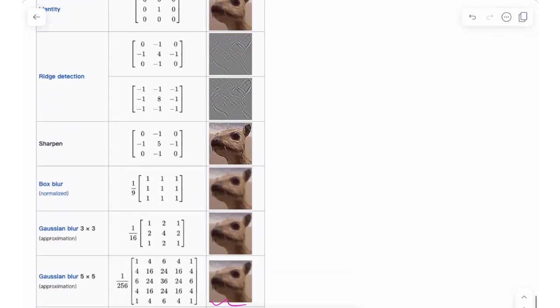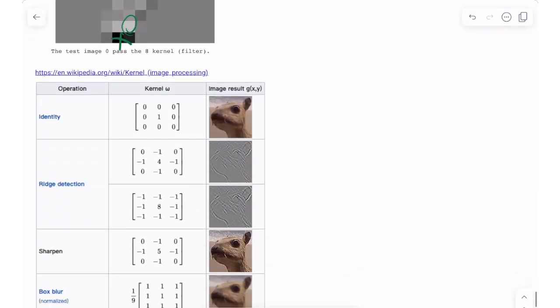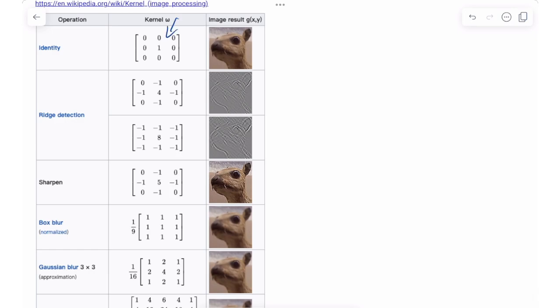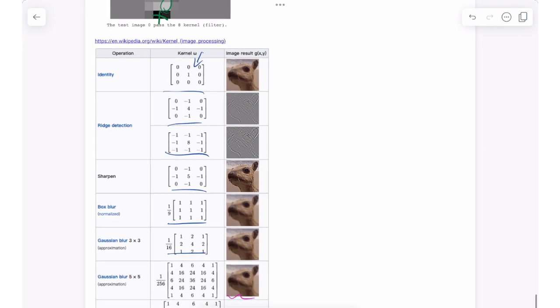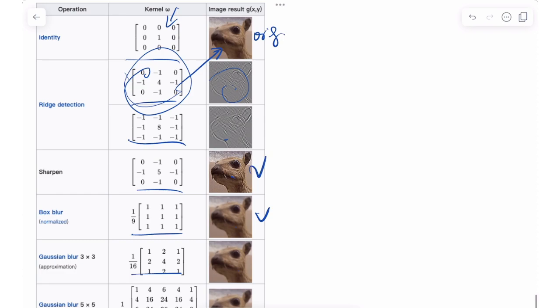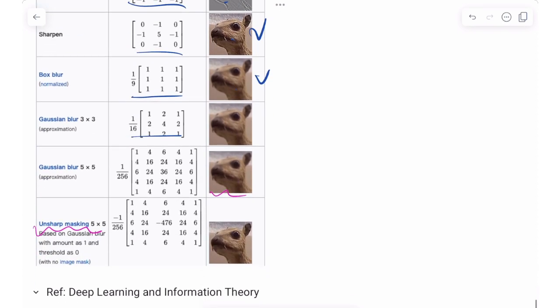If you are interested in kernels, you can take a look at those. Right here are human-designed kernels. If you apply some kernels on the original image, the result will be this, and this. You can see some kernels will blur the original image, some will sharpen the image, and we have several different results.